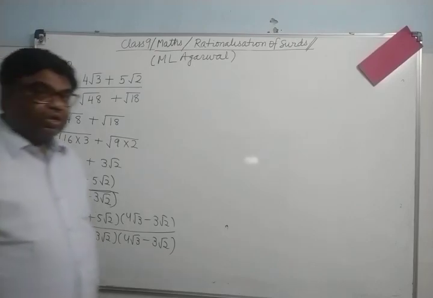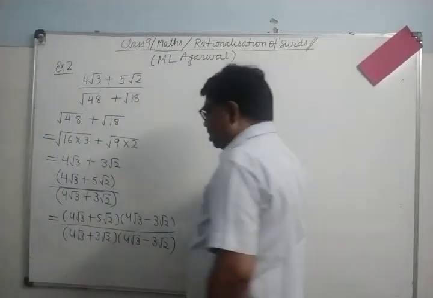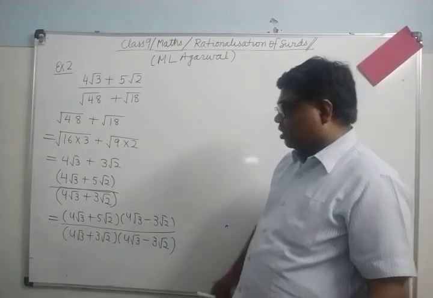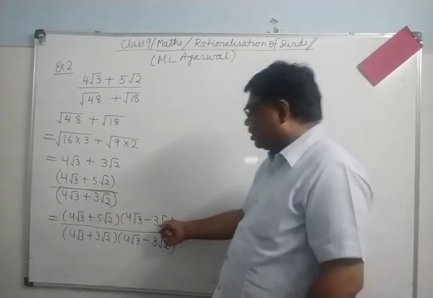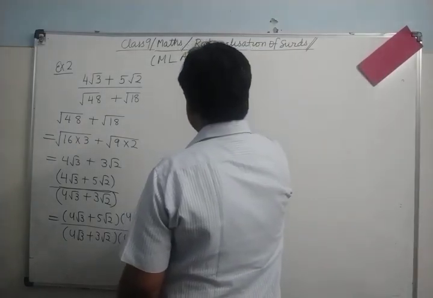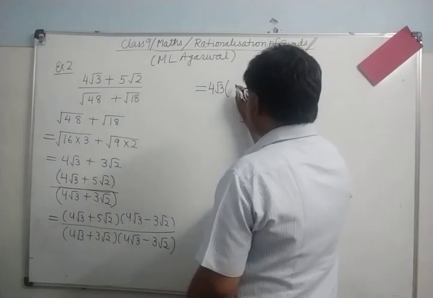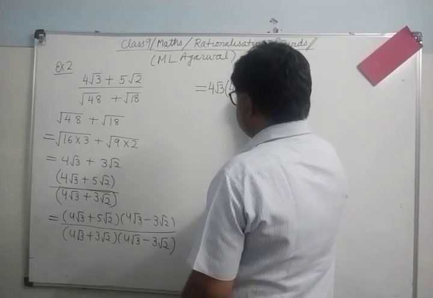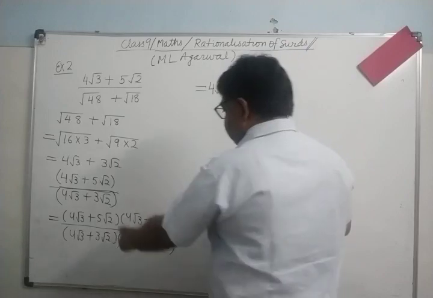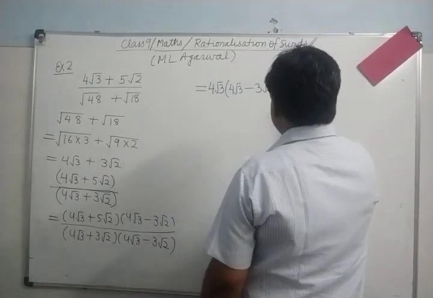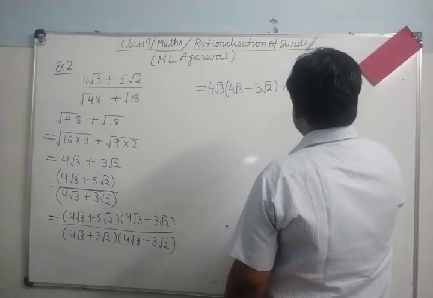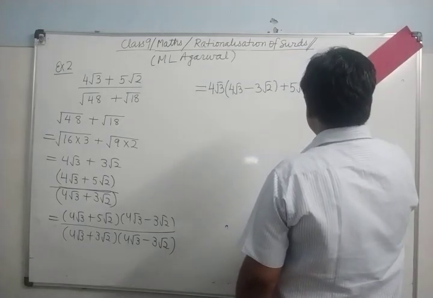So now you see here: 4 root 3 multiplied by this bracket plus 5 root 2 multiplied by this bracket. So you multiply 4 root 3 by 4 root 3 minus 3 root 2, plus 5 root 2 into this bracket 4 root 3 minus 3 root 2.